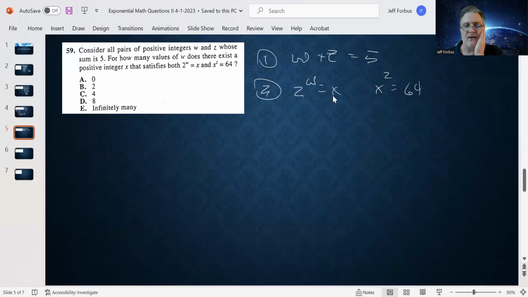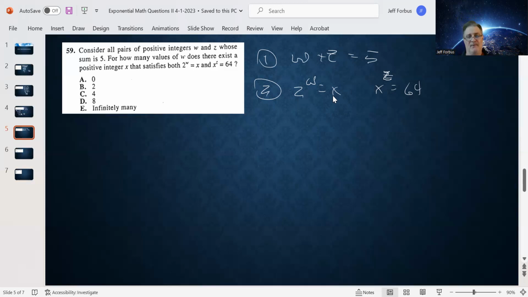That's a Z, sorry. I apologize. My glasses are not strong enough anymore. All right, so x to the Z is equal to 64. So we know x is equal to 2 to the W.